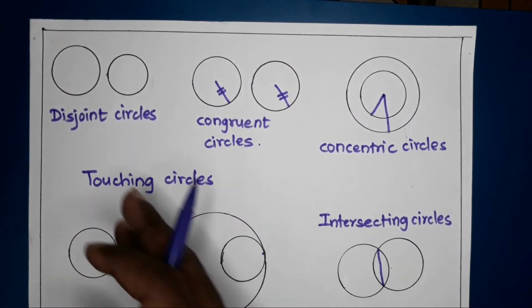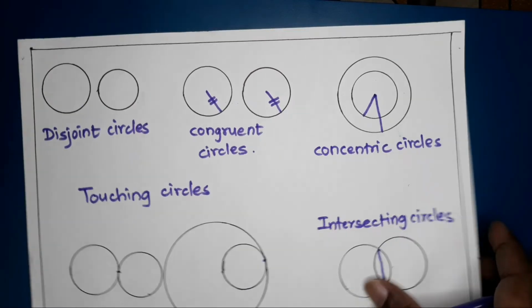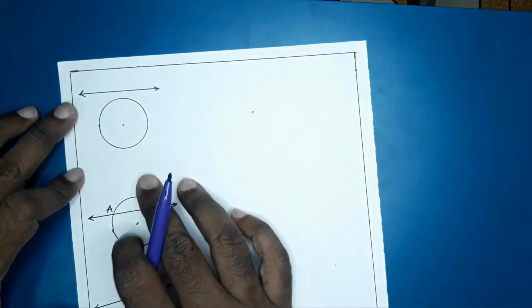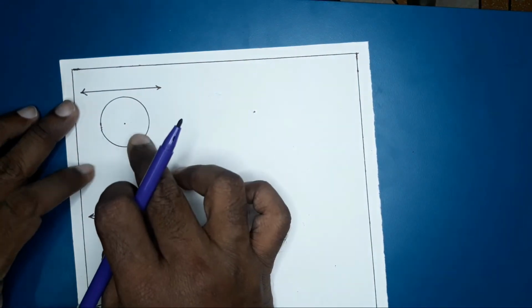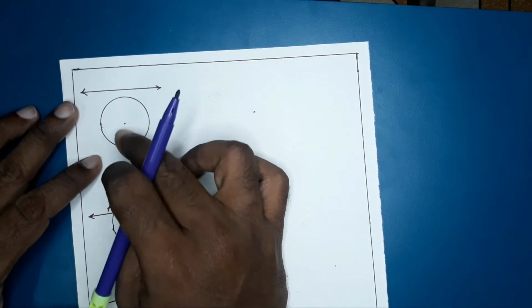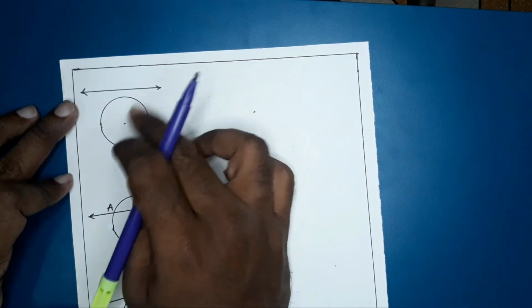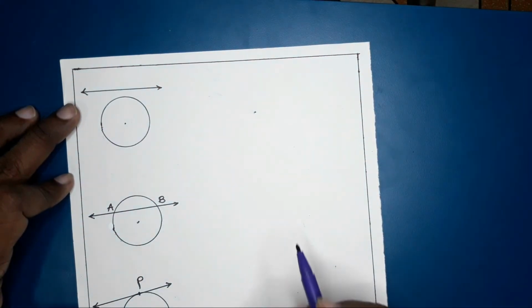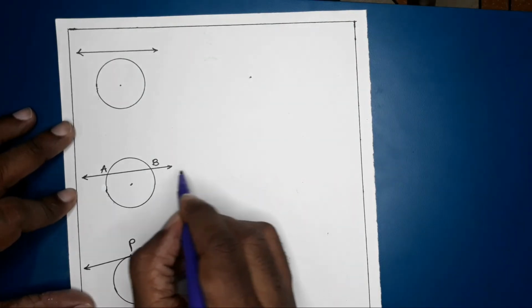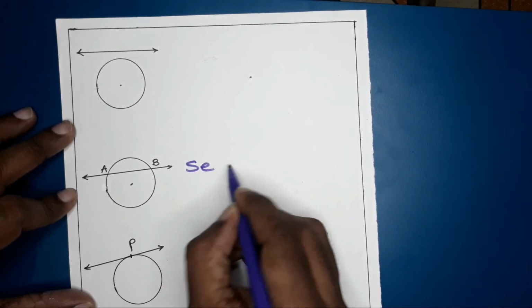Friends, as we have seen some relations between circles in a plane, let's see the relation between a line and a circle in a plane. Suppose there is a line and a circle in a plane, then they may not have anything in common, or if a line intersects the circle, then such a line is called a secant.